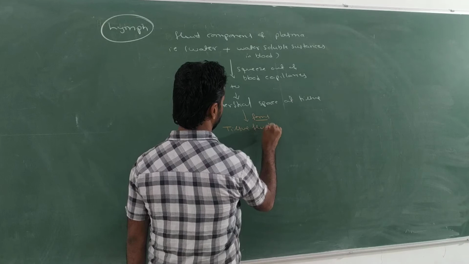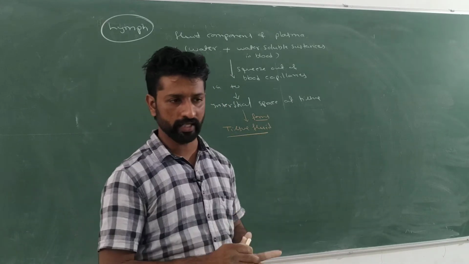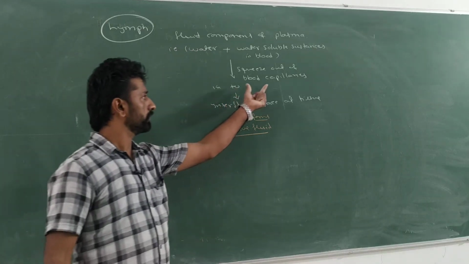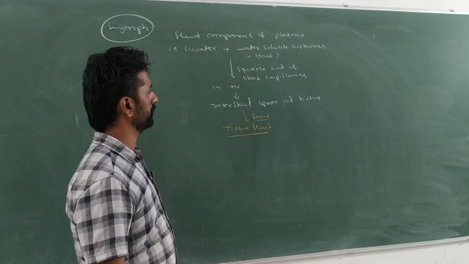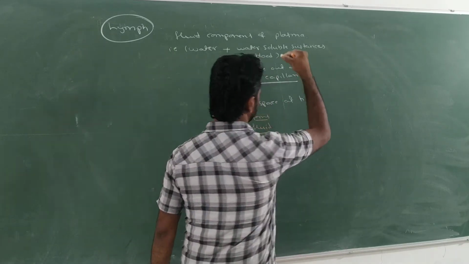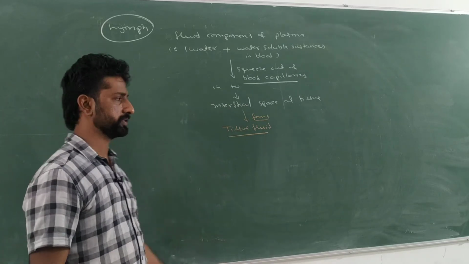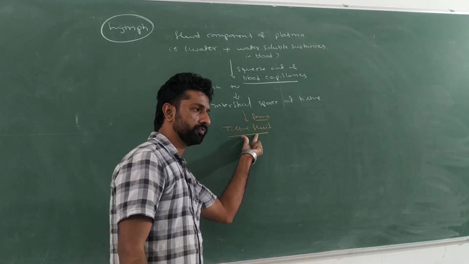Means tissue fluid is nothing but part of the plasma or the component of the blood plasma which squeezes out or exudes out of the blood capillaries. So they squeeze out of the blood capillaries into where? Into the space present at the tissues or between the cells, what is called the interstitial space. Then that fluid is called tissue fluid.